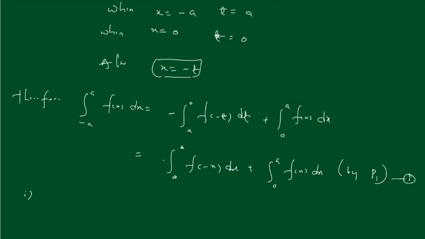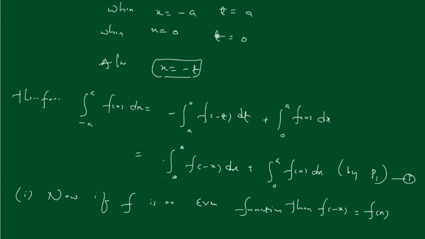In that, we will see two cases. So now, if f is an even function, then f of minus x equals f of x.